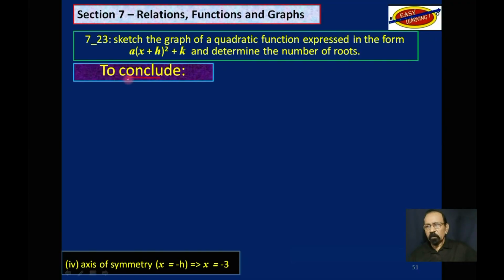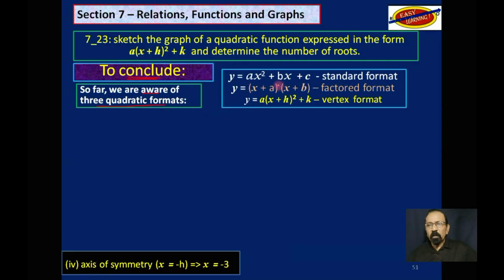To conclude, let's review what we have learned. So far, we are aware of 3 quadratic equation formats. The first one, this one that you are more familiar with, is the standard format: y is equal to ax squared plus bx plus c. The next one is the factored format, so that y is equal to (x plus a) multiplied by (x plus b).